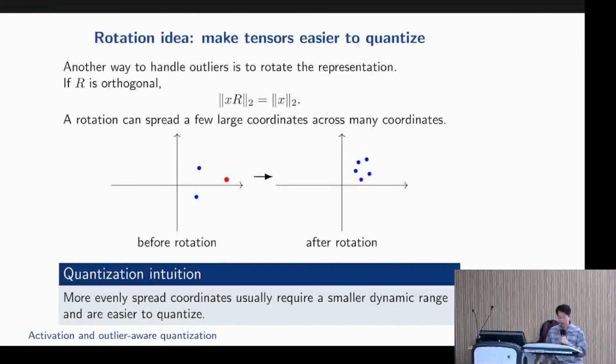So this is another influential paper, not just theoretical work, but it is used in almost all quantization these days. So it's very important. The idea is to do rotation. For an orthogonal rotation matrix R, the L2 norm is preserved. And the idea is, let's say X is two-dimensional.